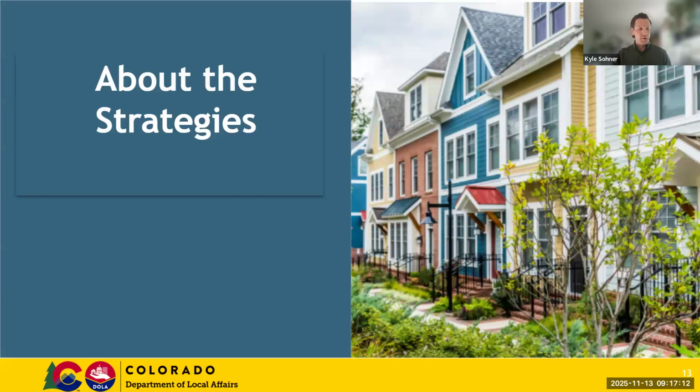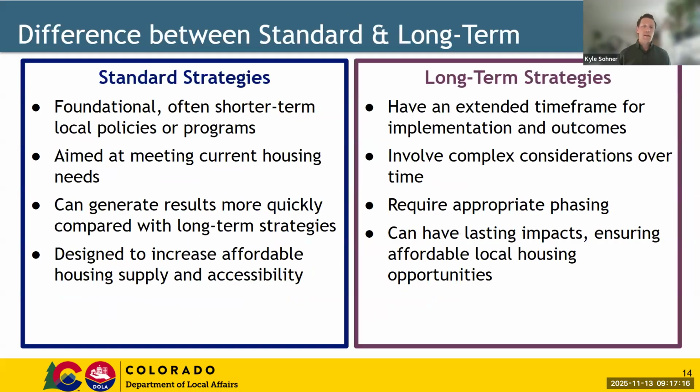And so without further ado, we will move into these strategies. And as Eugene and Mark said, we have both standard and long-term strategies. The standard strategies that you'll see are more foundational. They may be programs, often shorter term, but can produce quicker results.